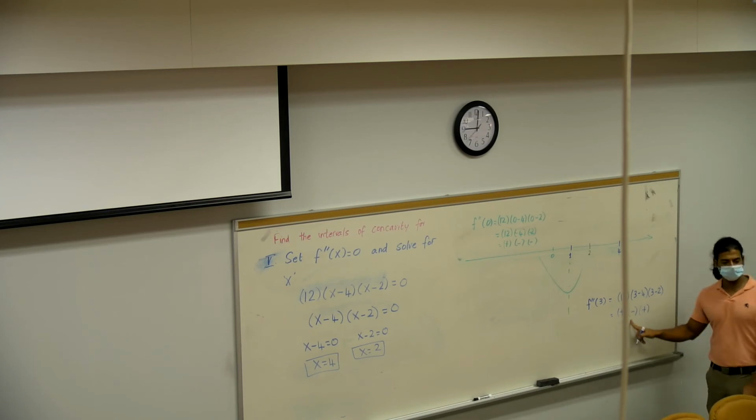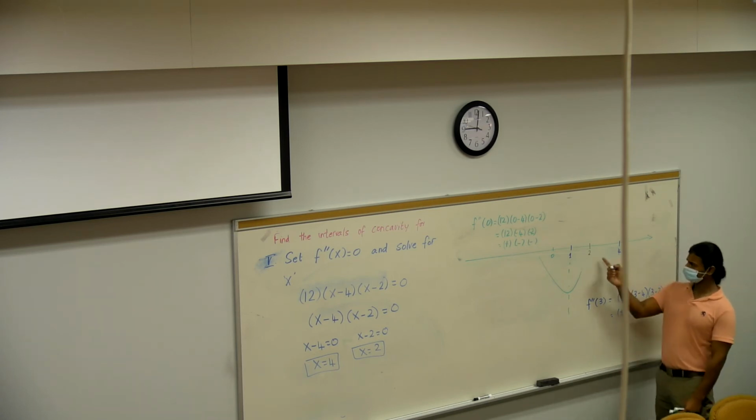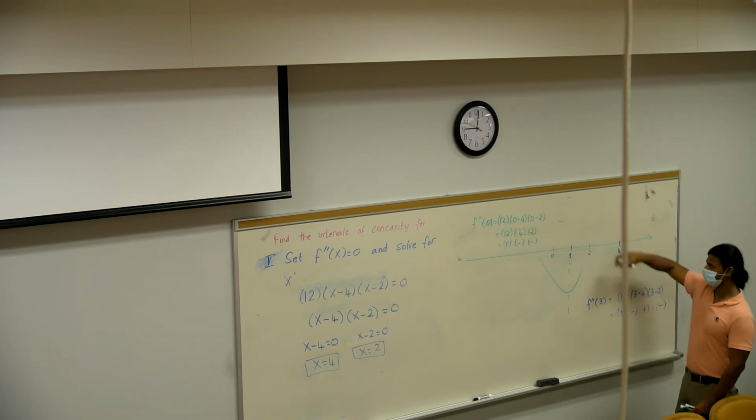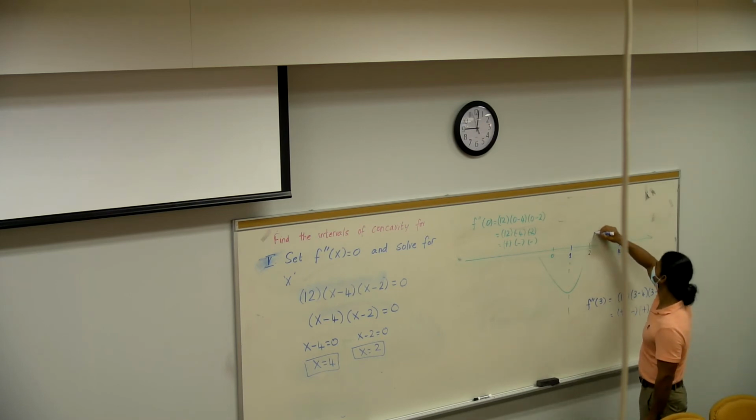Positive times negative times positive is a negative number. Agreed? If the second derivative is negative for a test value between 2 and 4, what do we expect to happen? Concave down. It has to be concave down.